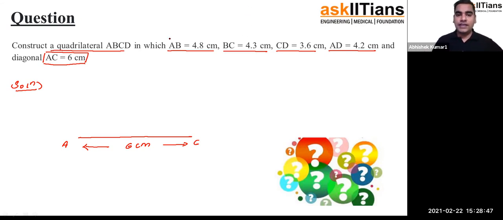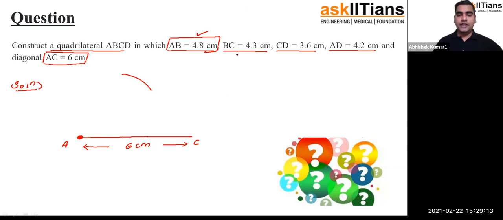So to form triangle ABC, we need this length AB. So what you have to do is assume A to be the center, and with A as the center, mark an arc of length equal to 4.8 centimeter. Understood? Because we are forming triangle ABC first. Clear?